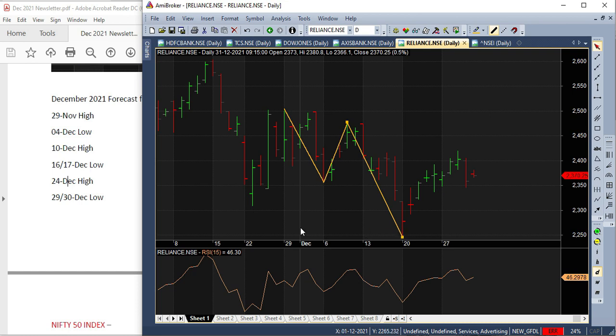Then we forecasted 24th will be the high, and we have a high here on 24th. Perfect. Then we forecasted 29th or 30th of December will be the low, and we have a low here on 30th of December.